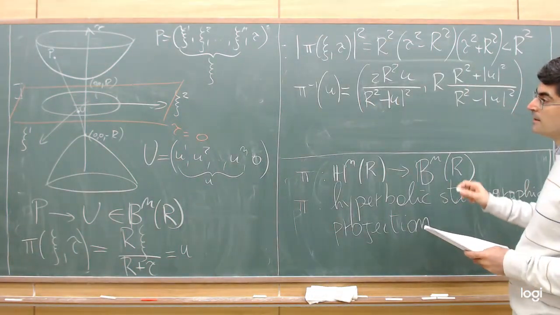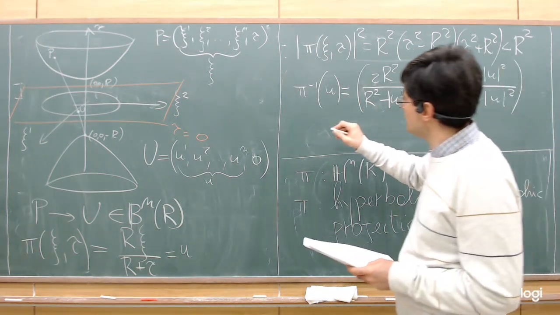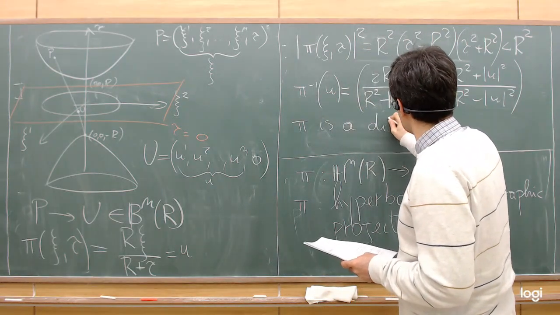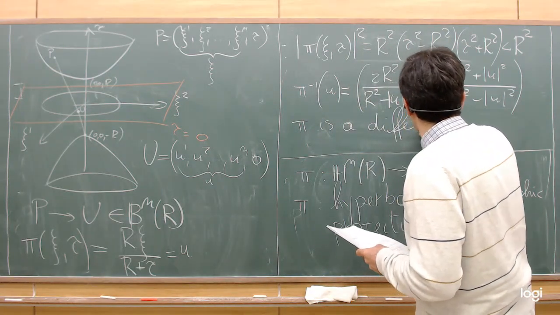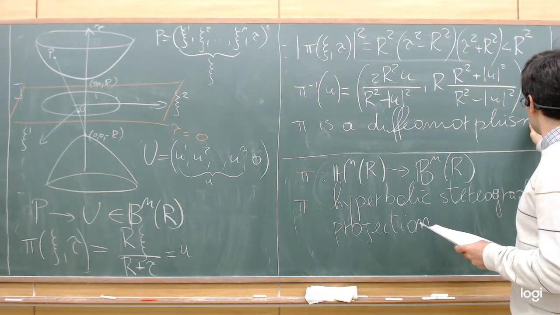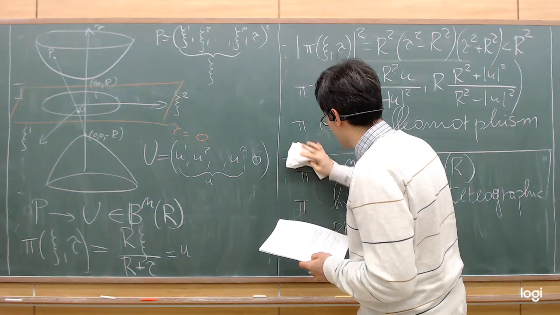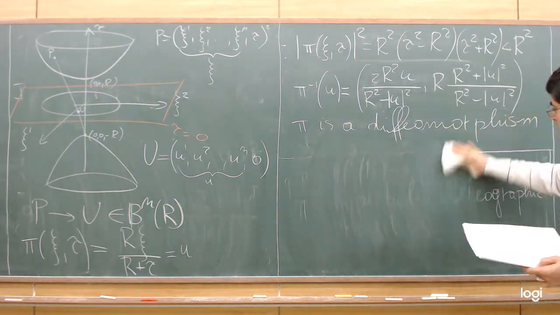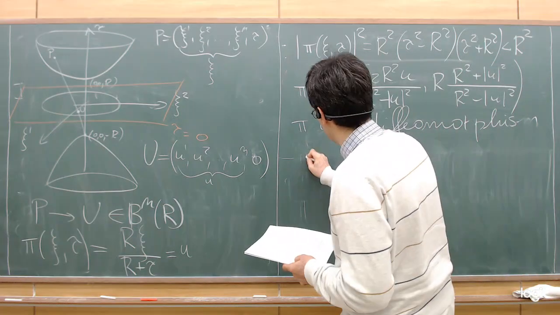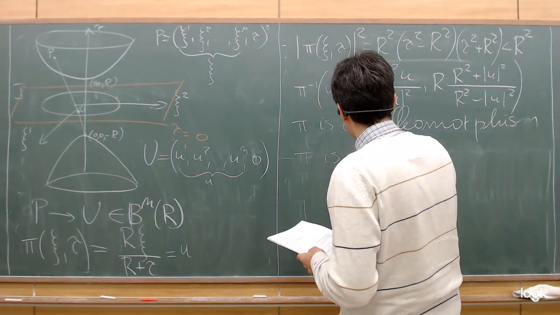So we got that pi is a diffeomorphism. It remains to prove that it is an isometry.